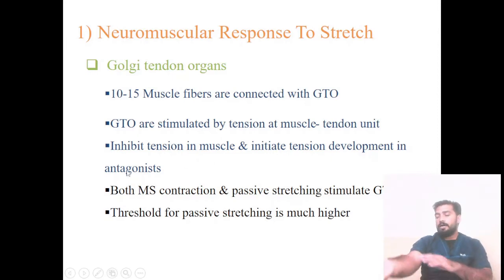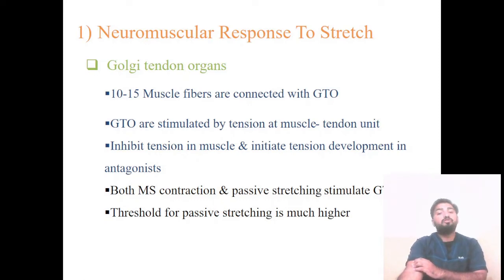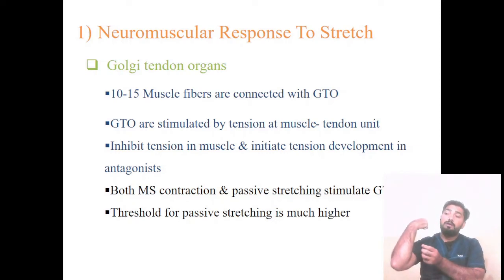Let it be the bicep muscle that is being stretched or is working more efficiently, and it is contracting strongly. As a result, the GTO will be stimulated, and it will inhibit the agonist and contract the antagonist. As a result, the relaxation of the bicep will occur.